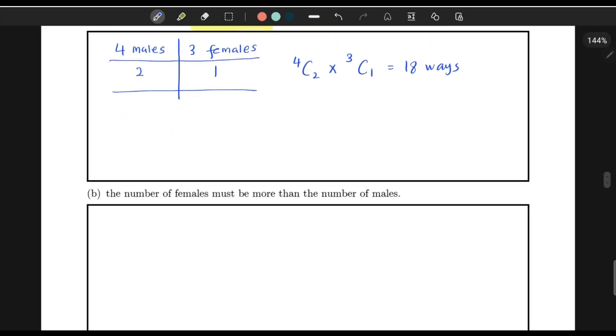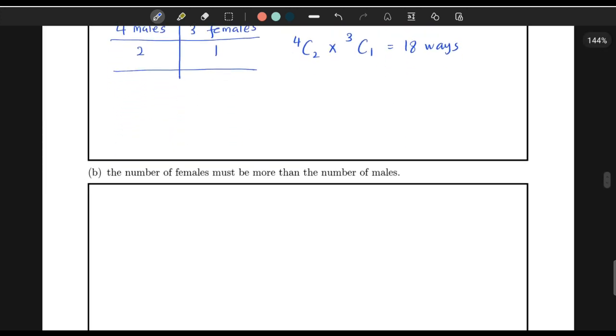And the last one, the number of females must be more than the number of males.